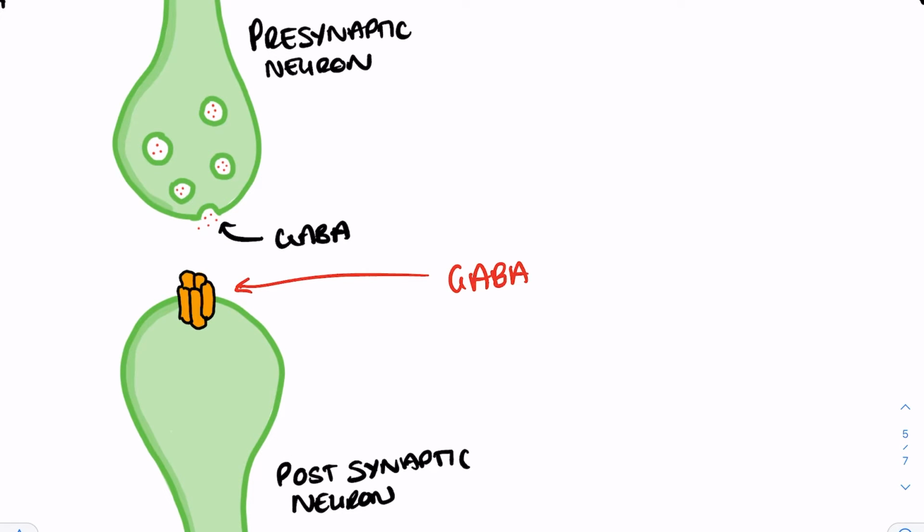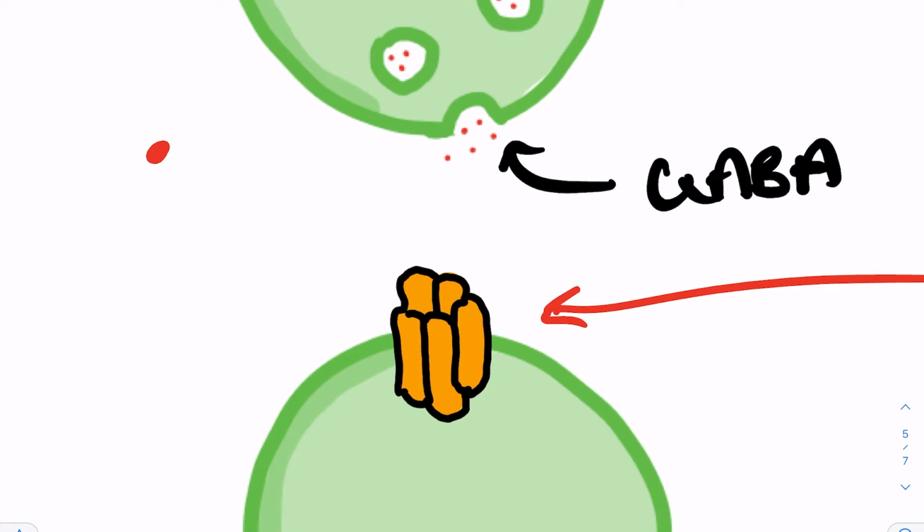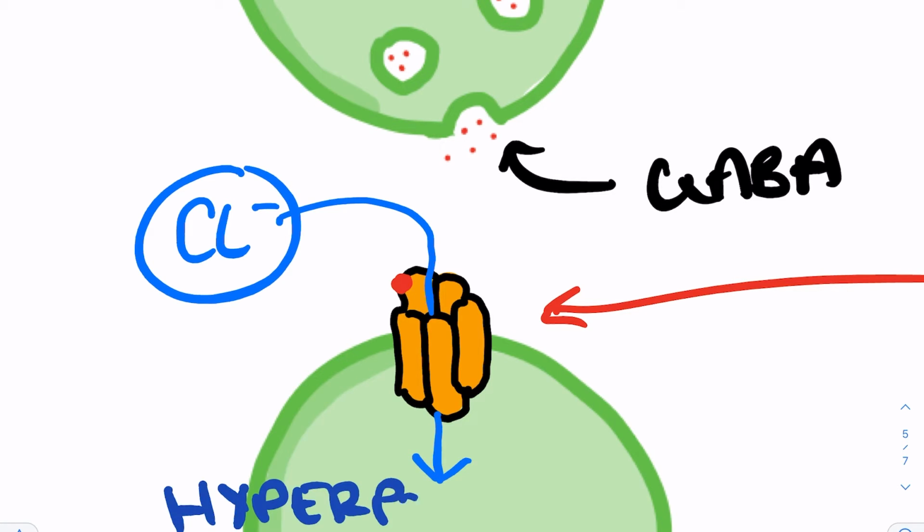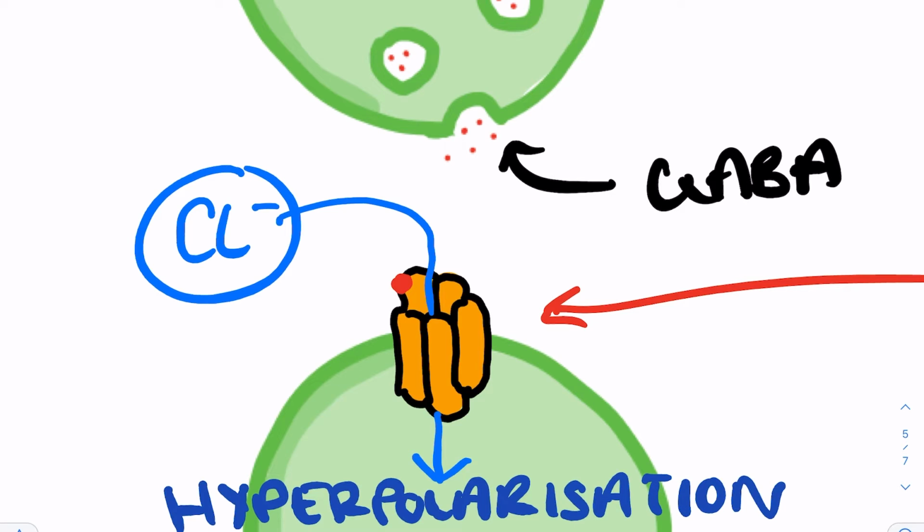So GABA acts on GABA A receptors on the membrane of the postsynaptic neuron. It acts on the active site of GABA A receptors, which allows the passage of chloride ions into the cell. And when chloride moves into the cell, membrane potential becomes more negative. The process of this is called hyperpolarization and means the neurons are less likely to fire.